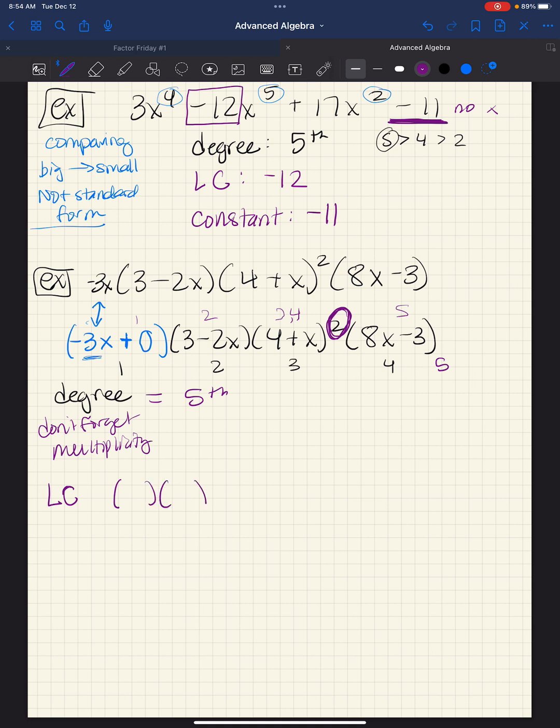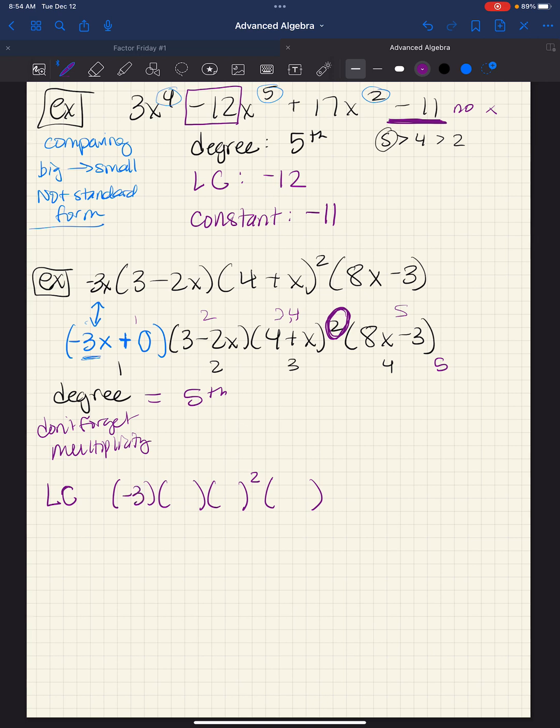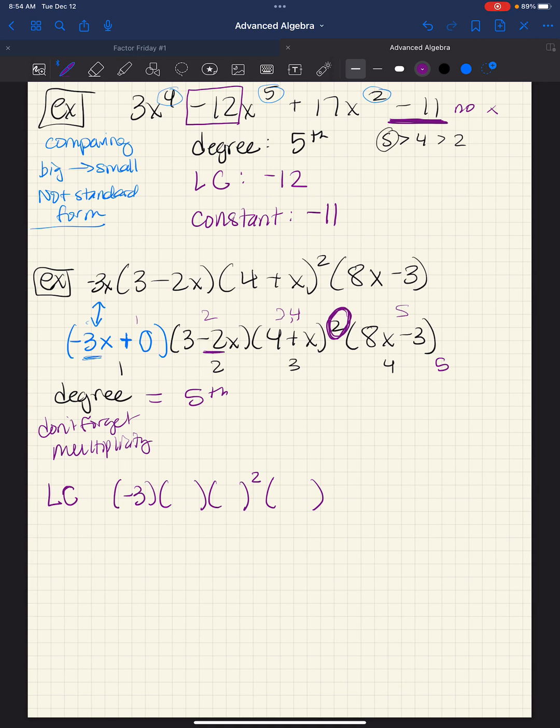So I plop down my parentheses just like I see them in the problem. I have my first set, second, third, with an exponent, and my last. I'm going to pull each of the leading coefficients. So I see my first leading coefficient is -3. I have to kind of skip to the x here and take the -2.